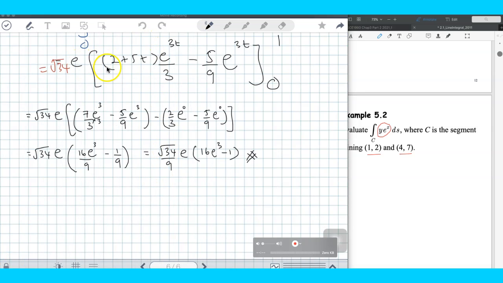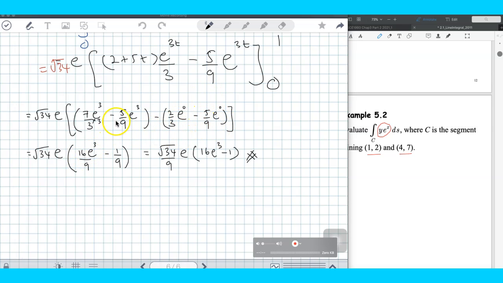Okay, when you substitute 0 to 1, this one is 7 over 3 multiplied by e to the 3 minus 5 over 9 e to the 3. That is when t equal to 1, minus when t is equal to 0. So for this one, 2 e to the 0 is 1, so I just put 2 over 3 e to the 0 minus 5 over 9 e to the 0.